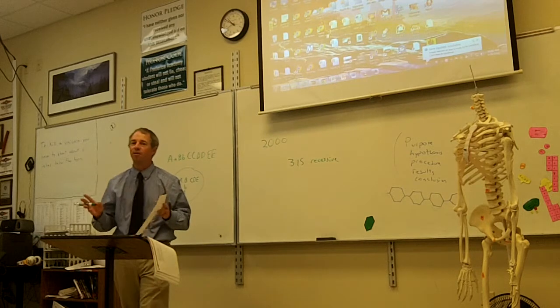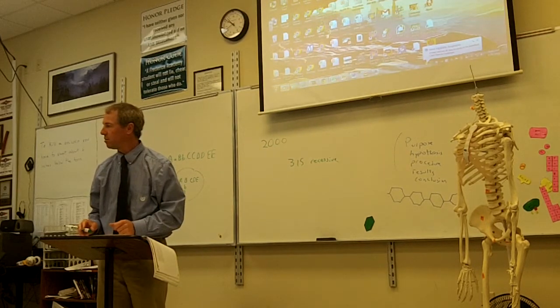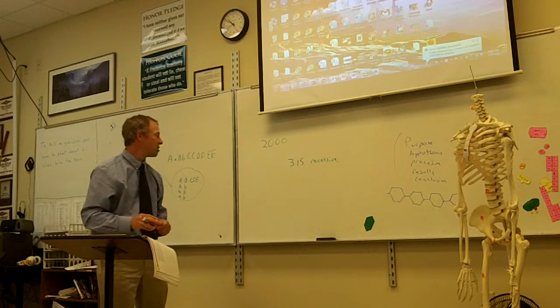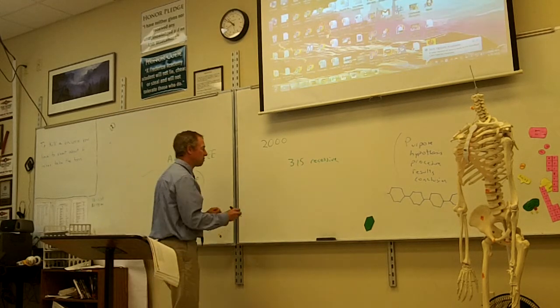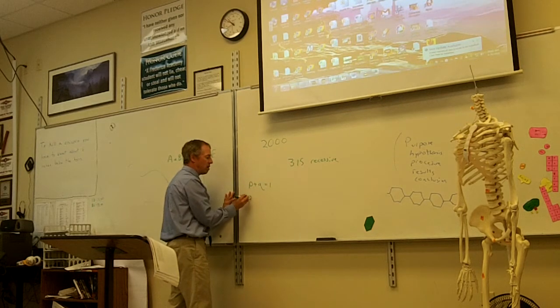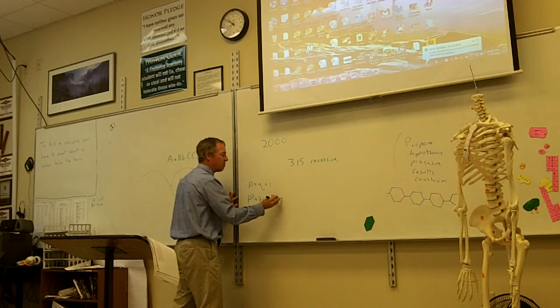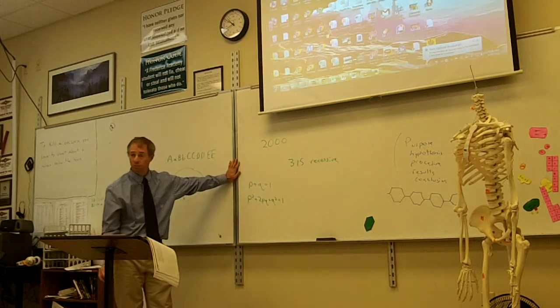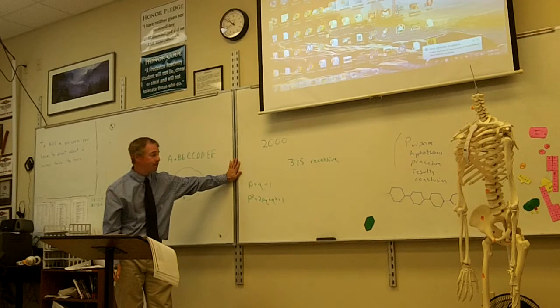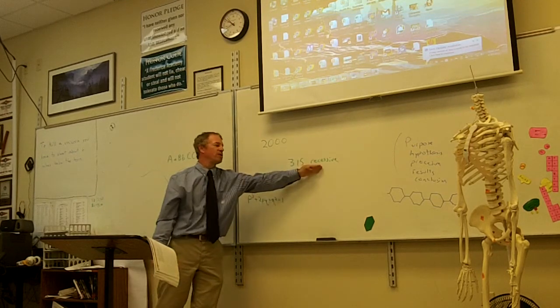If you ever figure out the percentage that's homozygous recessive, you can work from there and use the equations to figure everything else out. Again, the equations are p plus q equals 1, and p squared plus 2pq plus q squared equals 1. Okay? So, they say 315 show the recessive phenotype.